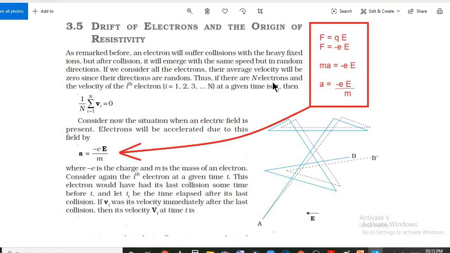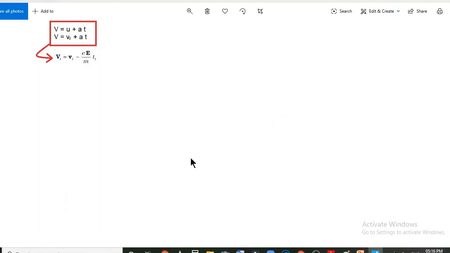Small vi represents the initial velocity of the ith electron before the application of the external electric field. Now what will be the final velocity, or the velocity at another time after the electric field is applied? That can be calculated by using this equation. Initial velocity is small vi, final velocity is capital Vi.